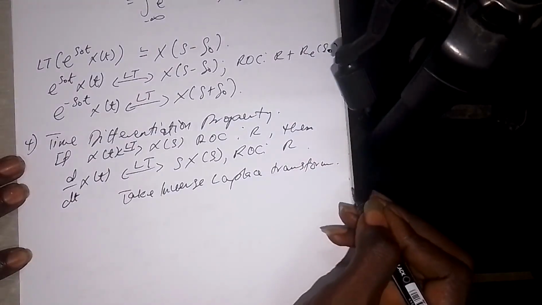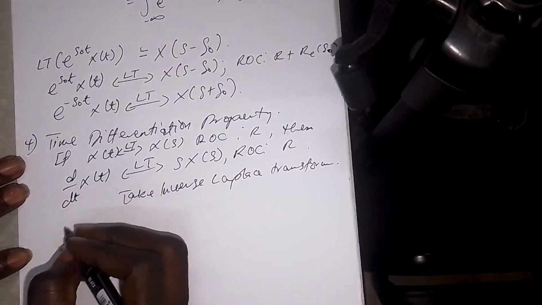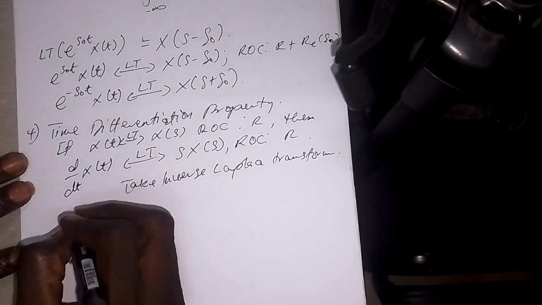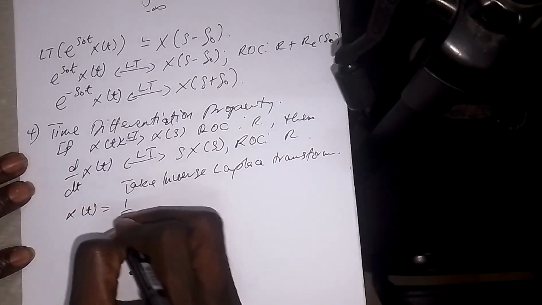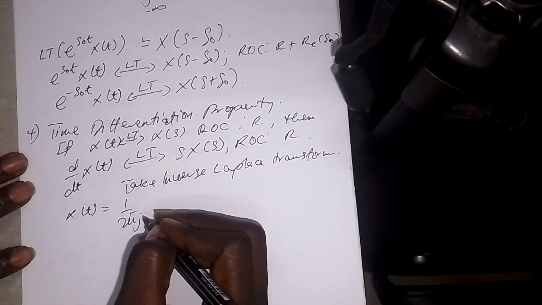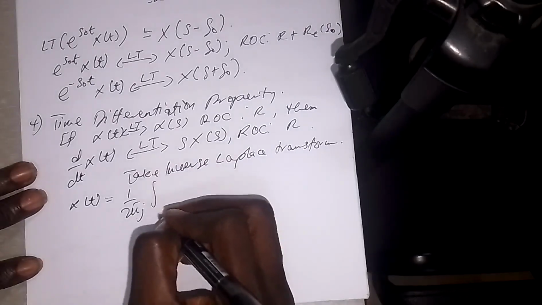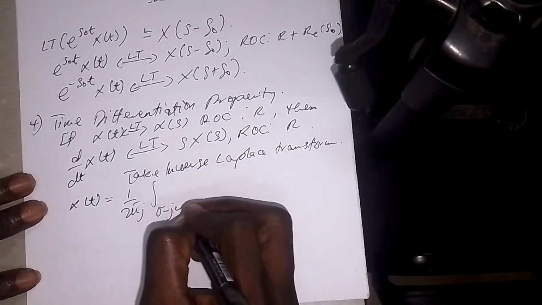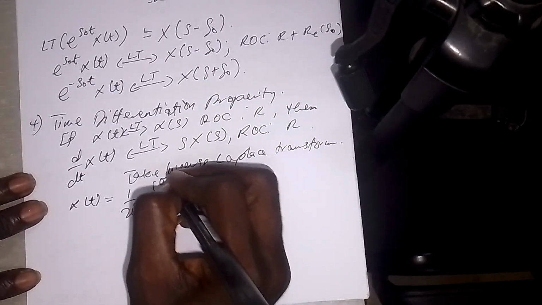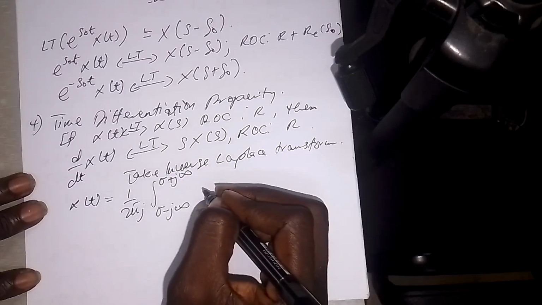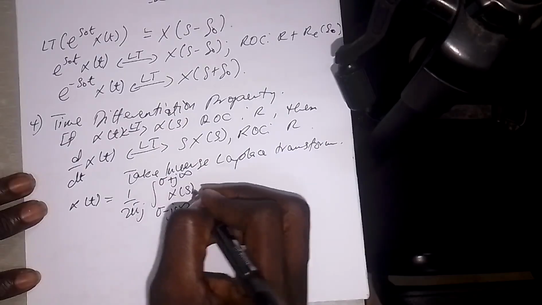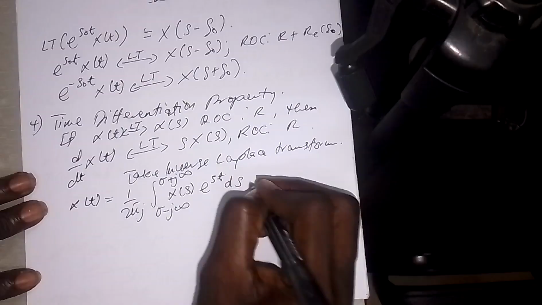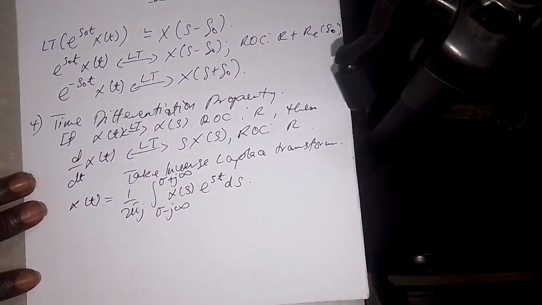So the inverse Laplace transform is given by x of t equals 1 over 2 pi j, integral from sigma minus j infinity to sigma plus j infinity of x of s into e^(st) ds, because here is s. Okay, so this is what I'm going to have.